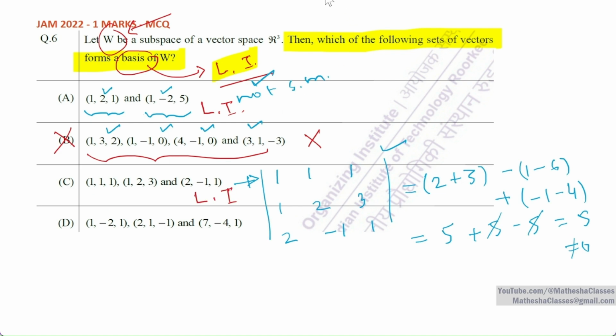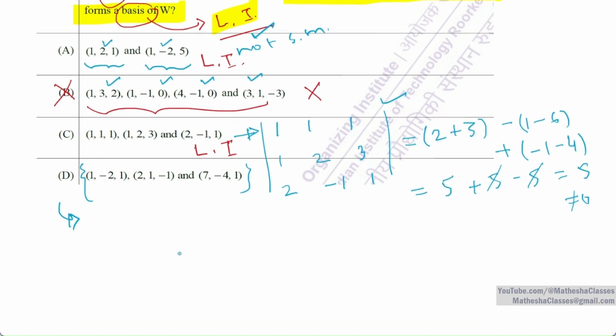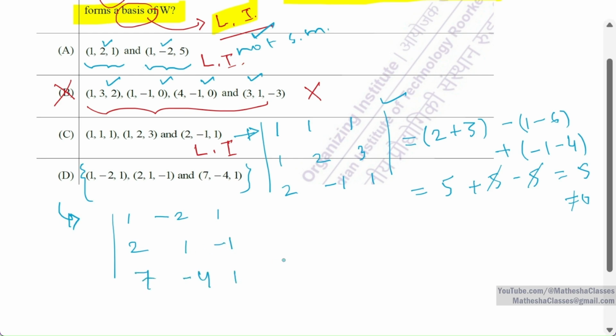Now let us come to D. Can the vectors given in D be linearly independent? Once again, we'll do the same thing. We'll form the determinant where the first row will be the first vector 1, minus 2, 1, the second row will be 2, 1, minus 1, and the third row will be 7, minus 4, 1.